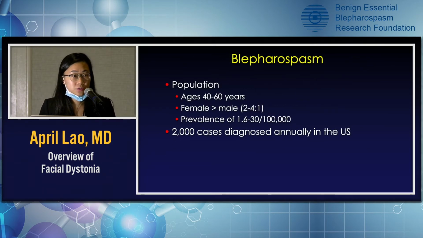It affects ages from 40 to 60 most commonly, females more so than males at about a 2 to 4 to 1 ratio, females versus males, and has a prevalence of 1.6 to 30 people per 100,000 in the US, and about 2,000 cases are diagnosed annually here.